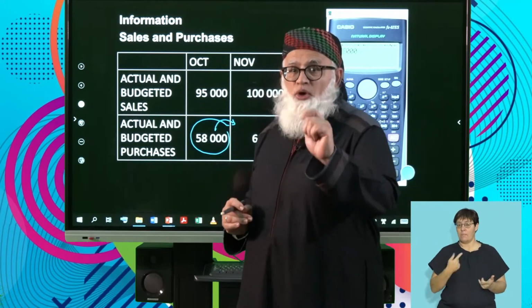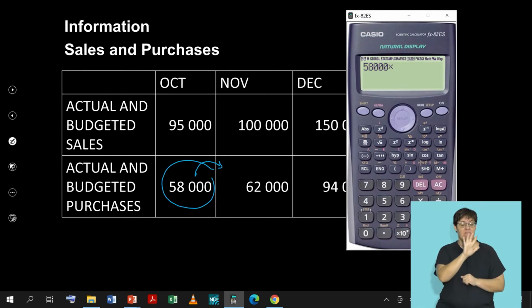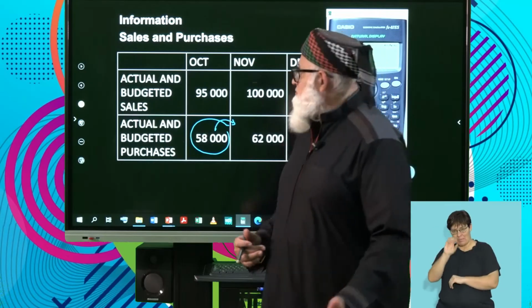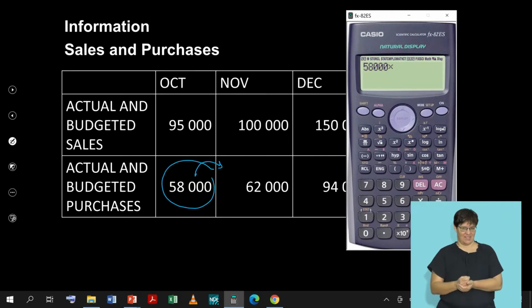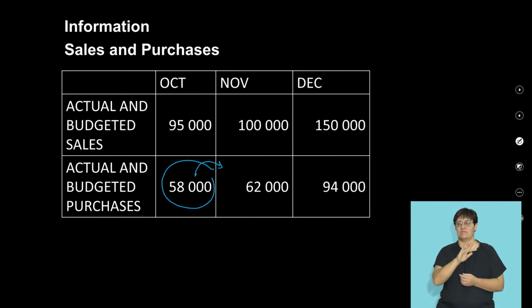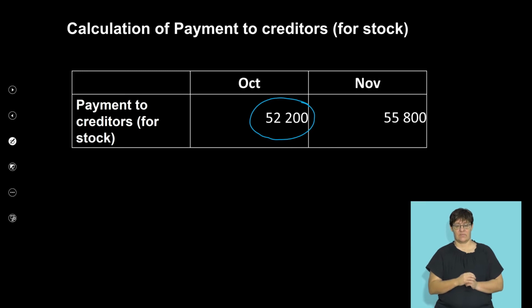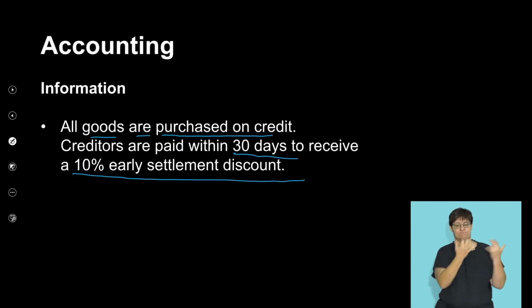So obviously, when you're doing this calculation, important, you take your 58,000 times what percentage are you going to be paying? You're only going to be paying 90%. So therefore, 58,000 times your 90%, and that gives you a figure of 52,200. Clearly you can see here that you have a payment for October of 52,200.